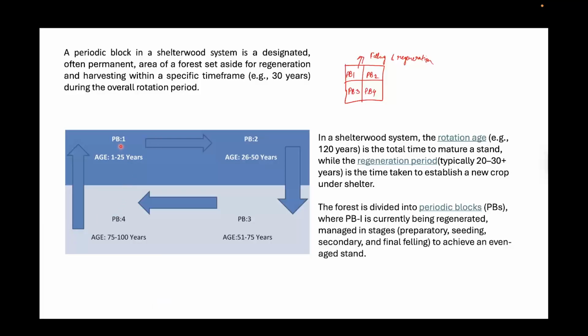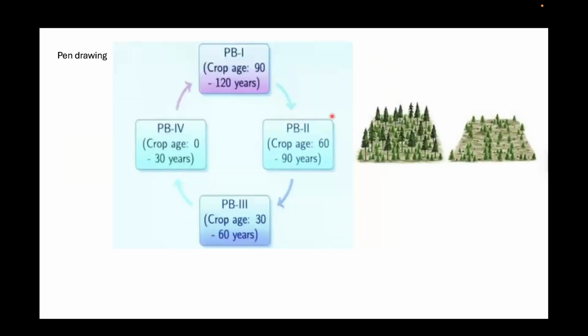So that is why we have divided the whole forest into 4 different periodic blocks, tending each periodic block for different stages of the shelter wood system. Generally the crop that is being tended right now is the PB1, which is the periodic block 1, which has the oldest mature trees.